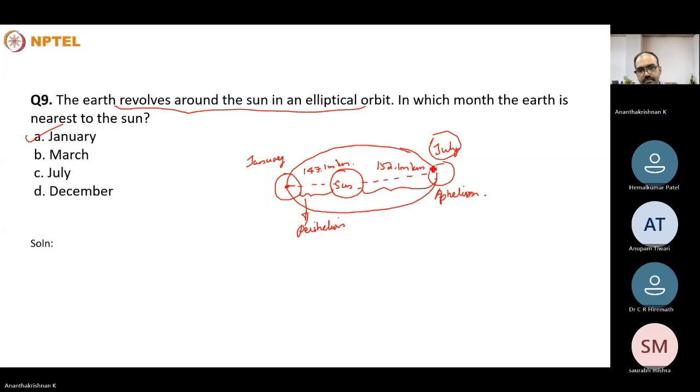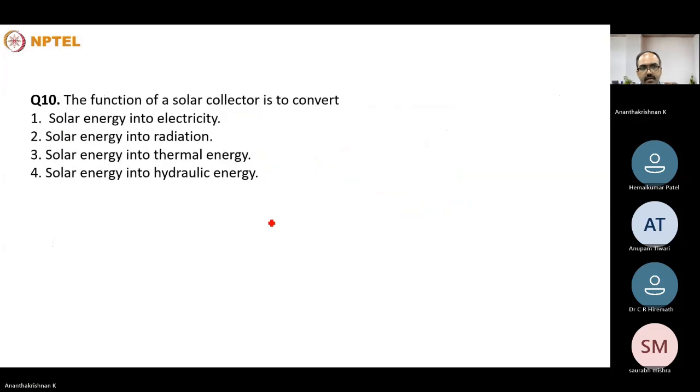In July, the northern hemisphere experiences harsh summers, while the southern hemisphere will be having winters. So the difference is slight, about 5 million kilometers compared to the actual distance. This question is not purely theoretical, it's just an informative question. Look into the 10th problem.